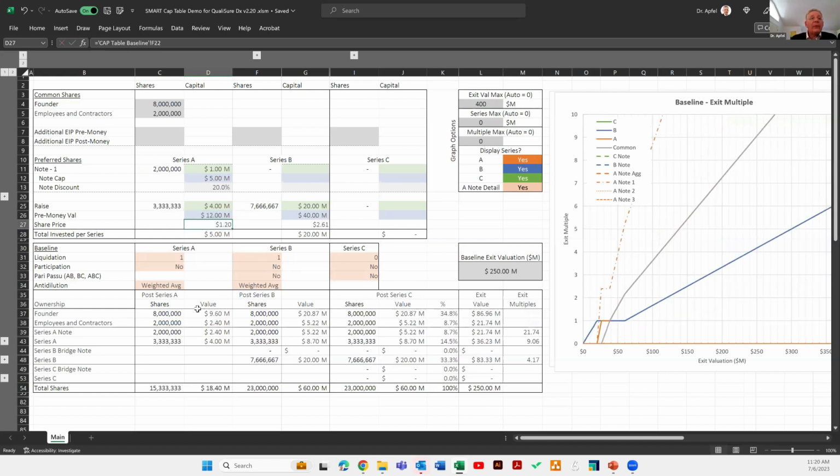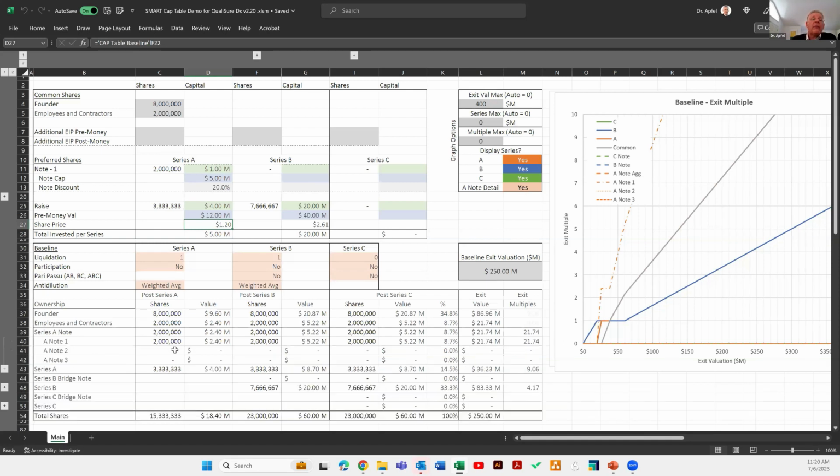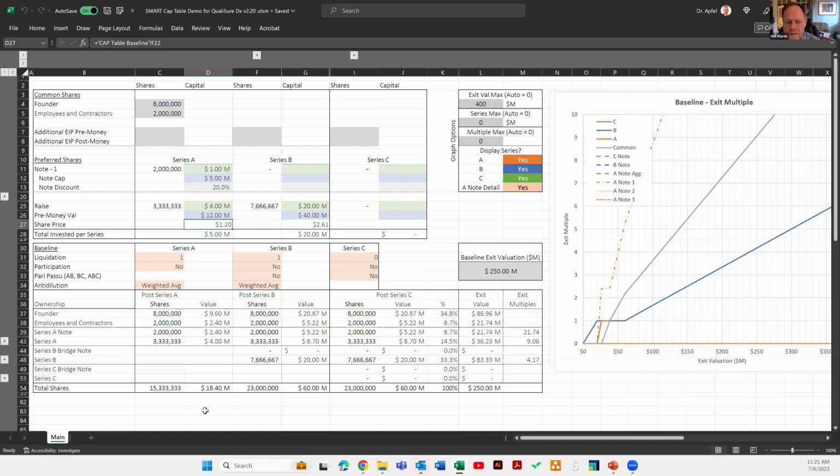And so we have here basically what you can do is a calculation on how many shares would be issued for the different notes. So you can have up to 3 notes in this tool that you can put in at different values. Great. The second question is, do you make the spreadsheet available, and if so, how?